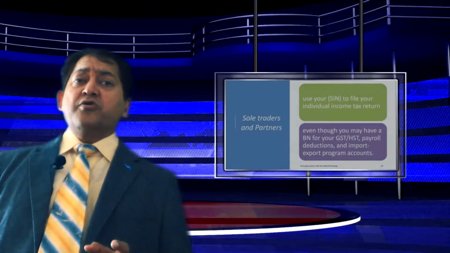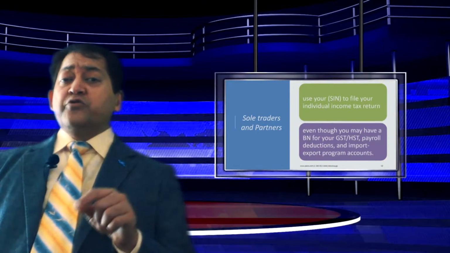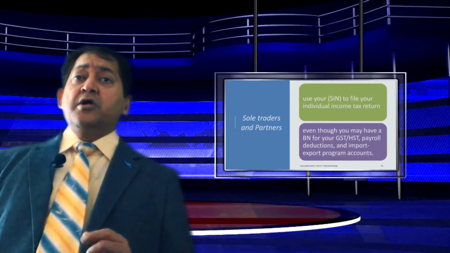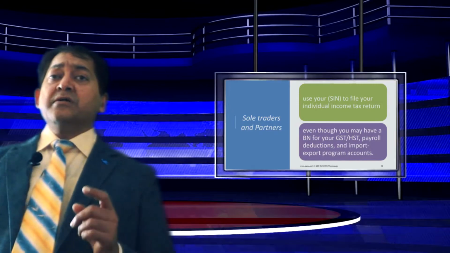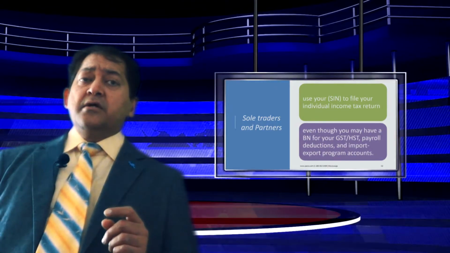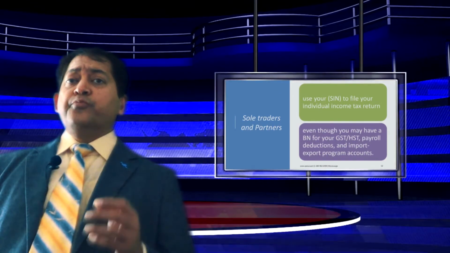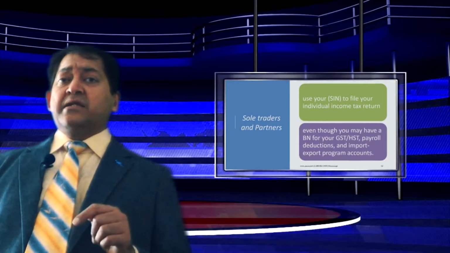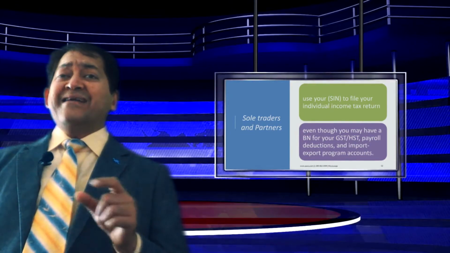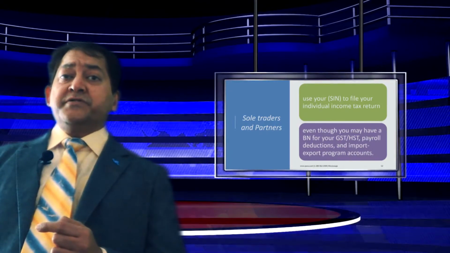If you are a sole trader or a partnership business, always remember that whenever you file your individual income tax return, you would always use your social insurance number. Why? Because in this particular case, the sole trader and partners are individuals who are identified by their SIN, because they don't have a separate legal status as is the case for a corporation, that is an incorporated business.